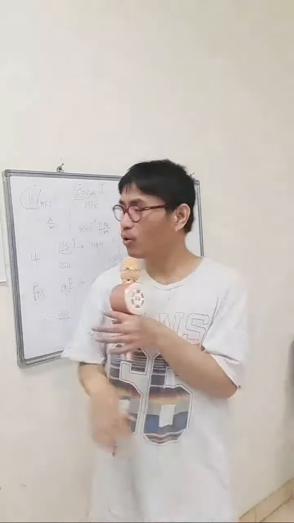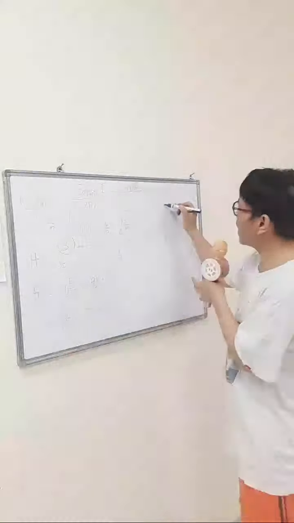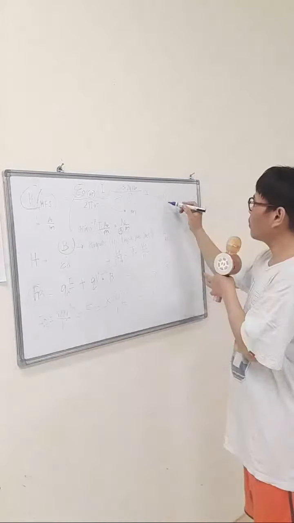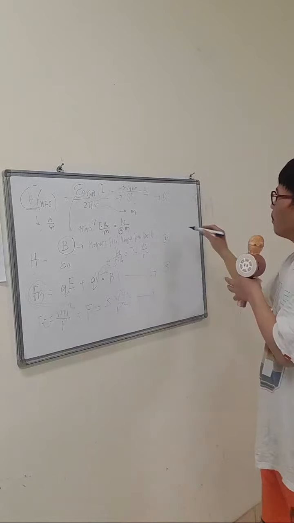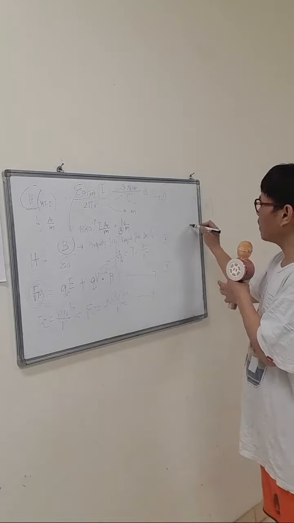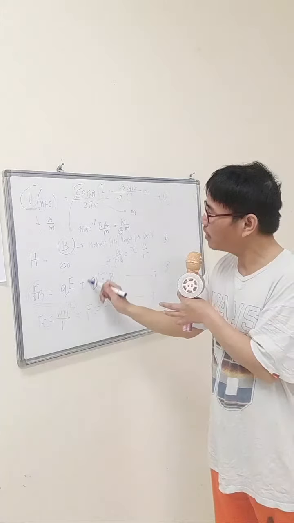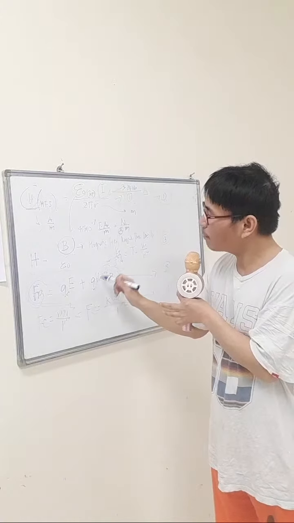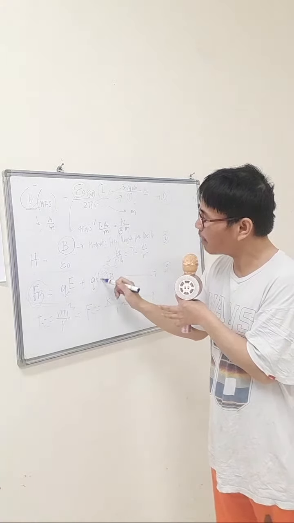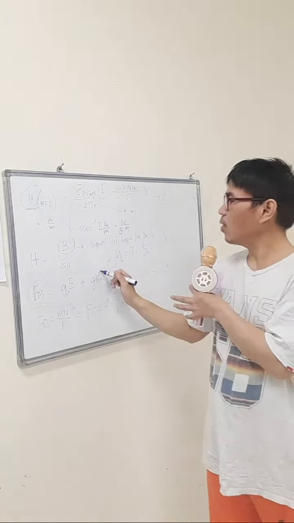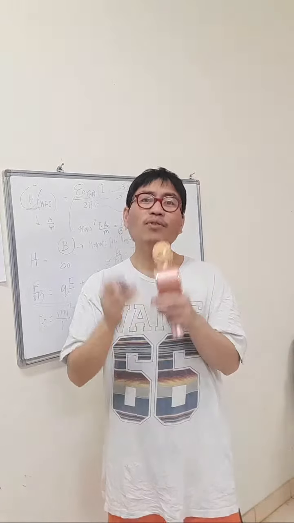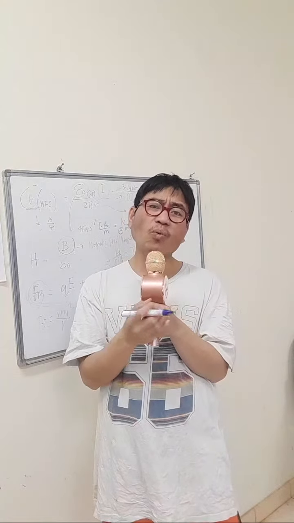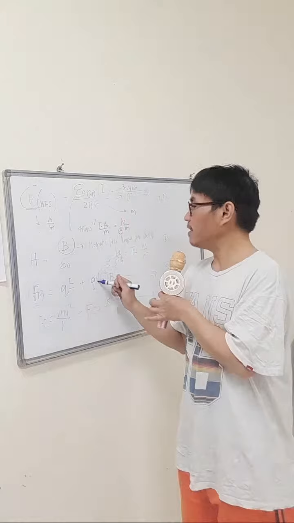That's why you have this one. Sine theta is equal to the base over the hypotenuse. Since V is always the hypotenuse, you multiply it with sine theta, so we have V sine theta.